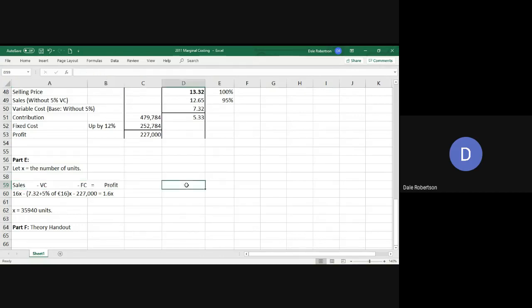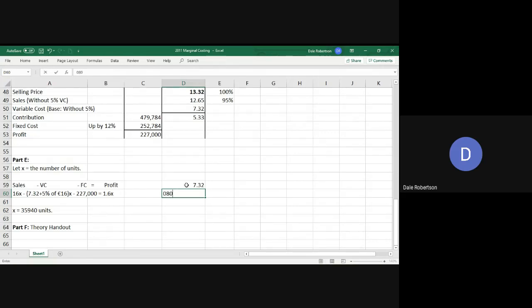Actually, I think that's going to be 732, and then 5% of that is going to be 80 cent, I think. 16 by 0.05 is 80 cent.